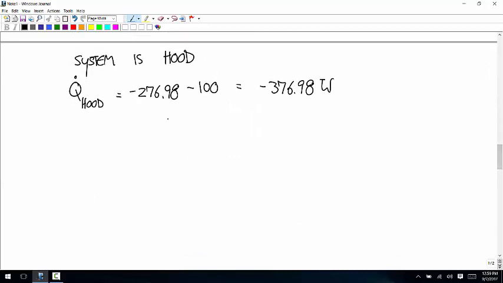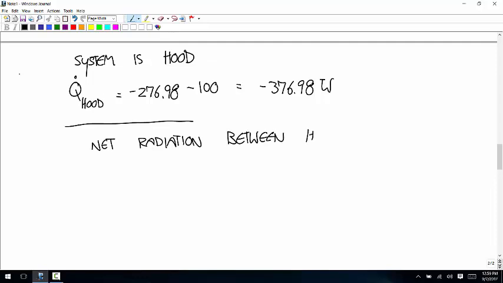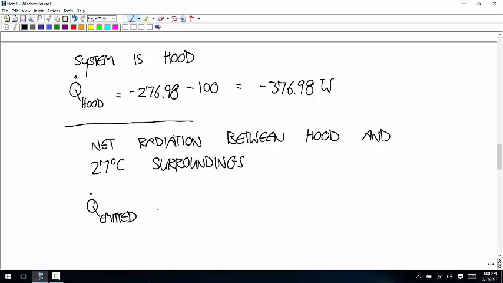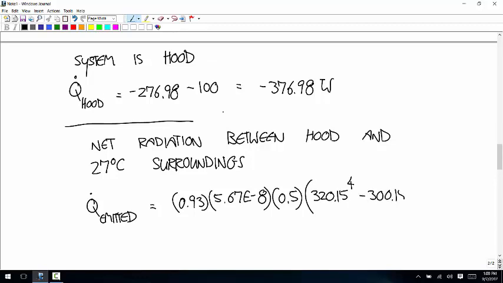So if we did it as net radiation between the hood and 27 degrees Celsius surroundings, then that Q dot emitted by radiation would be 0.93 times 5.67 times 10 to the minus 8 times the cross-sectional area times 320.15 to the fourth minus 300.15 to the fourth.